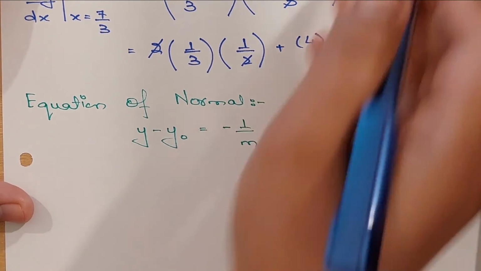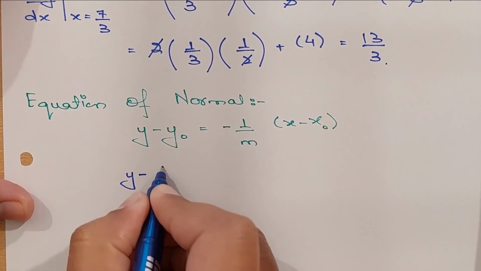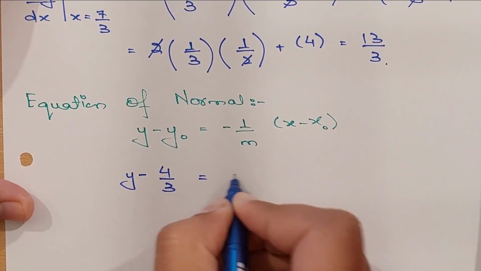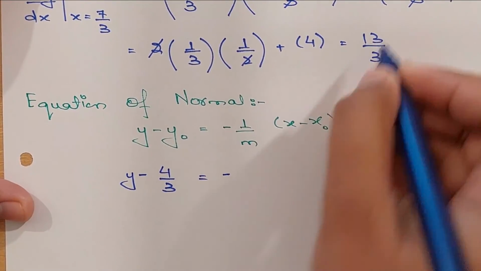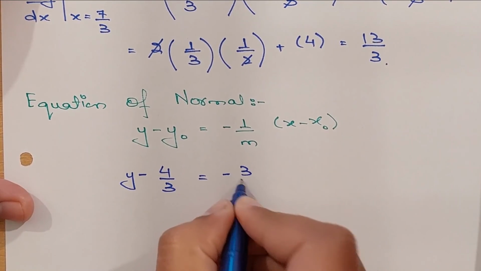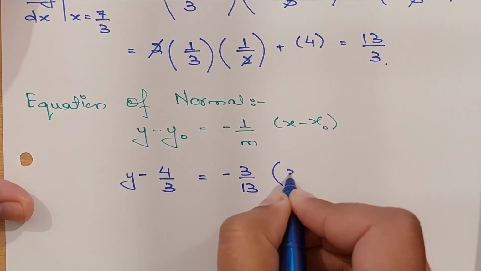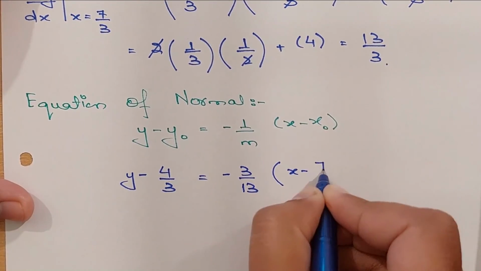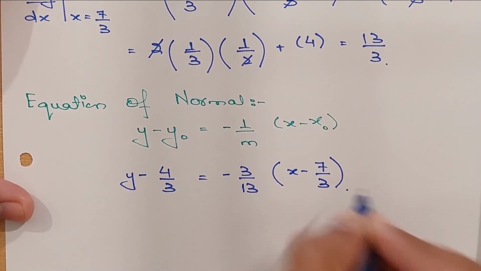We have y naught, so y minus 4/3 equals minus 1 over the slope, that is, the reciprocal of 13/3, which is 3/13, times (x minus x naught), where x naught is 7/3. So this is the equation of the normal.